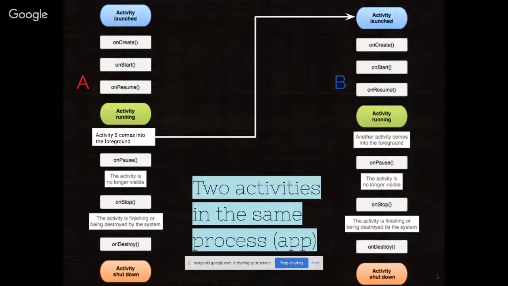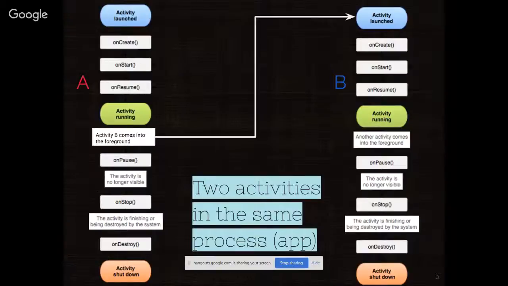Here's the order of the operations that occur when activity A, that is on the left, starts the activity B. First, the activity A is paused when this method executes because the activity B is created, and that's why the activity B will start onCreate, onStart, and onResume, because it will become active.